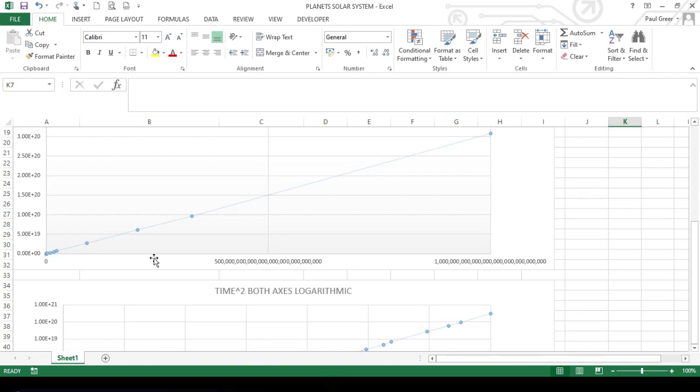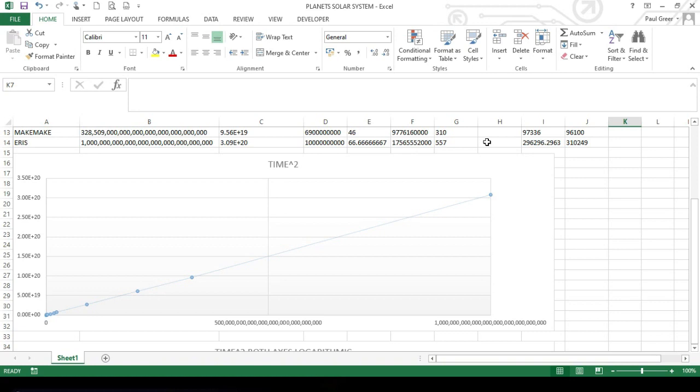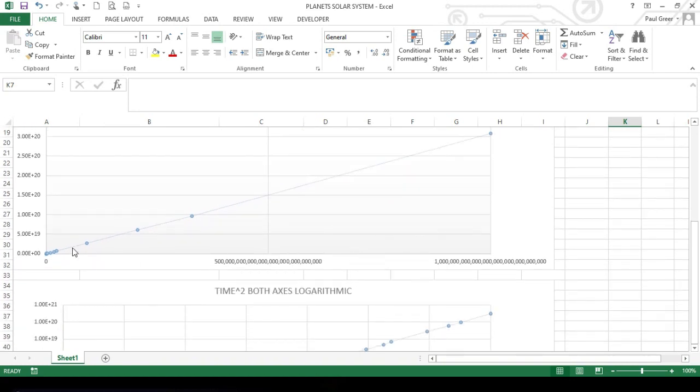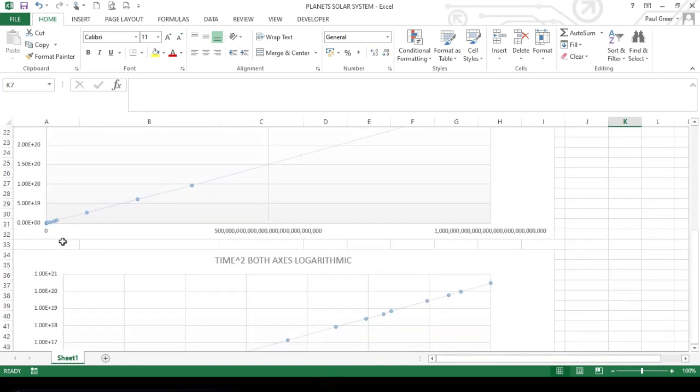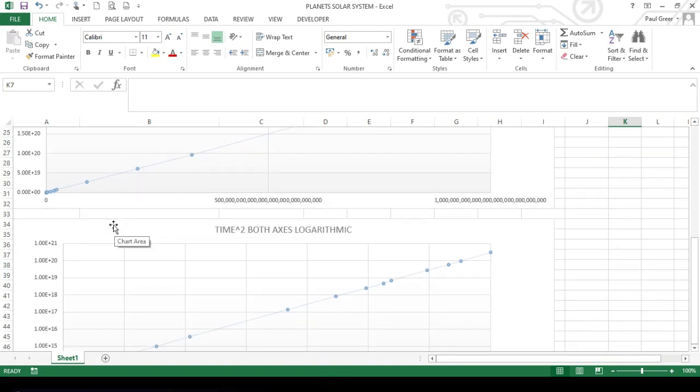Now the axes are such that because we have Eris way out here, which kind of skews our graph a little bit, all the planets down to Saturn, I think, are all grouped down here in a little gathering. So what you can do is called a logarithmic scale, which just means that one division could be 1 million, the next division could be 10 million, the next division could be 100 million.